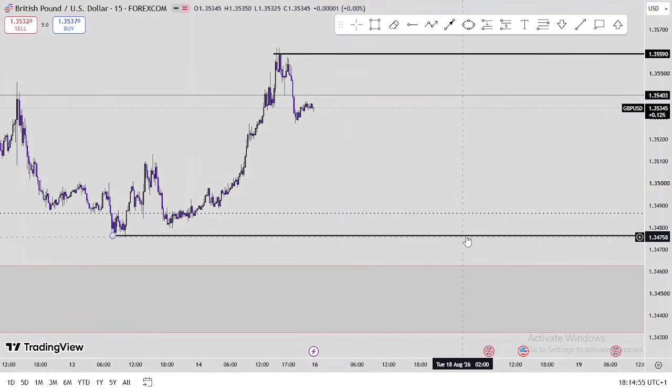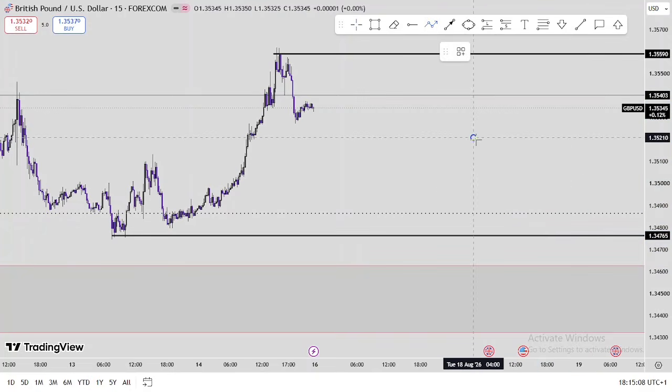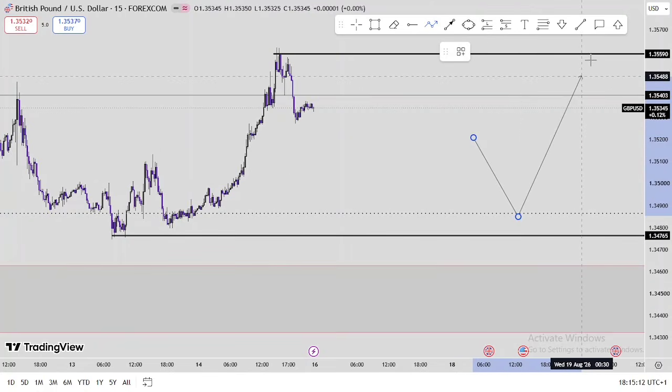We might see a break of this area here for price to do this and then do this before continuing up, or we might see price come back to these areas here before it moves back up.